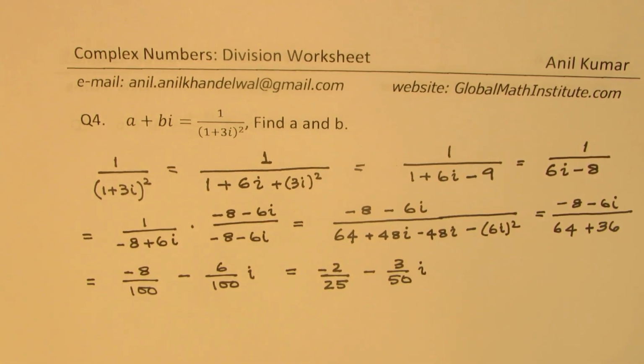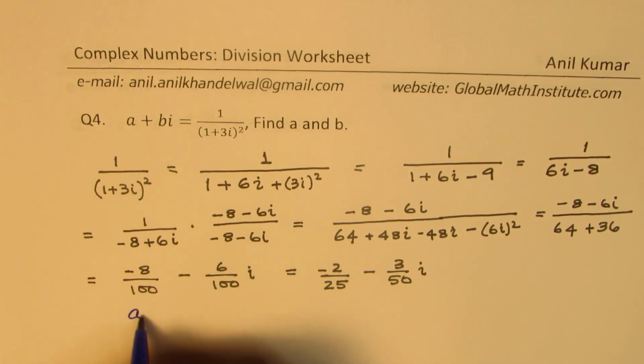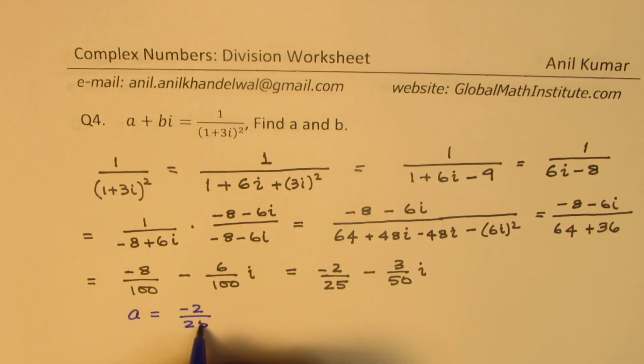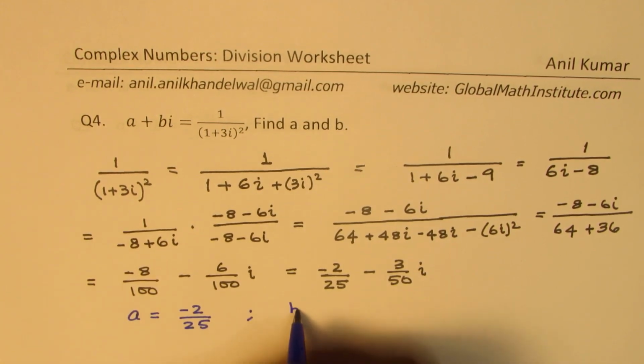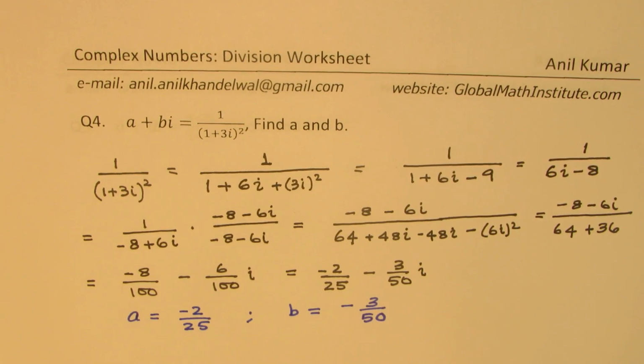So that is how you could write your complex number, and we can write down our answer that a is equal to minus 2 over 25 and b is equal to minus 3 over 50. Is that clear to you? Right. So there is a variation.